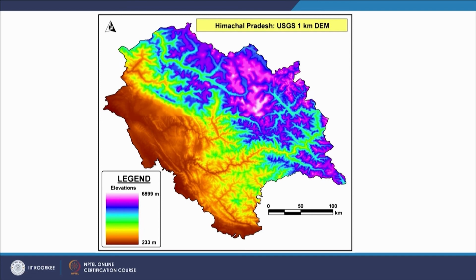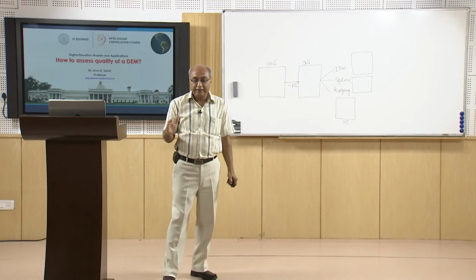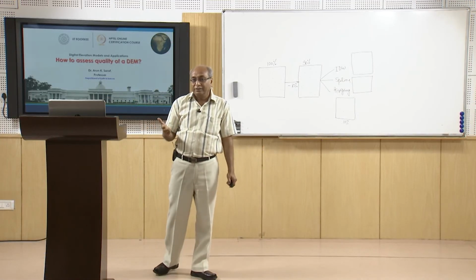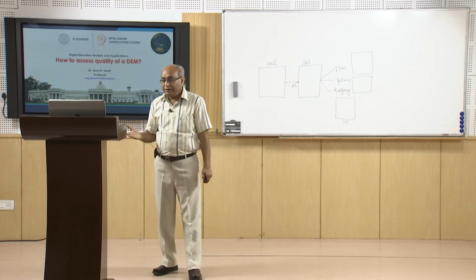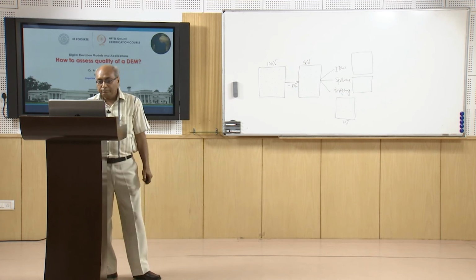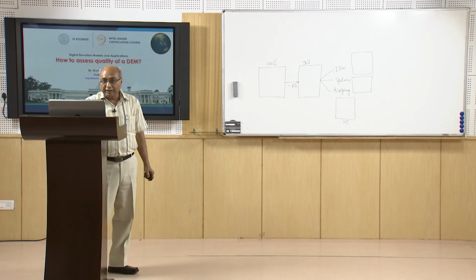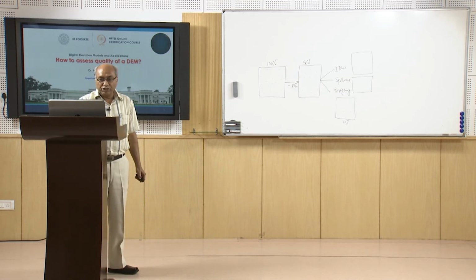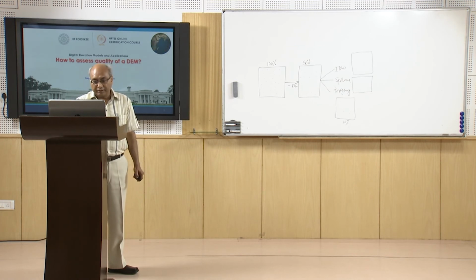When we did not have SRTM and other digital elevation models at 90 meter, this 1000 meter or 1 kilometer resolution DEM was very useful, especially for hilly terrain. But it had the inherent seam issue, apart from interpolation and other errors.